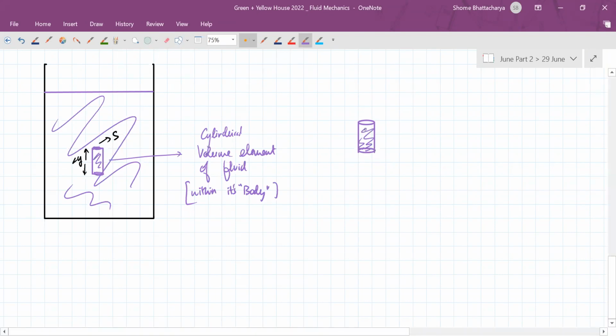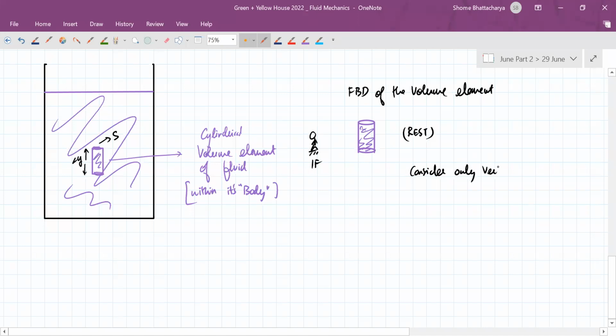Because something is balancing its weight. So if we make the FBD of the volume element in our inertial ground frame, it is at rest. We consider only the vertical forces acting on it. We'll consider horizontal also later, but right now only the vertical forces.